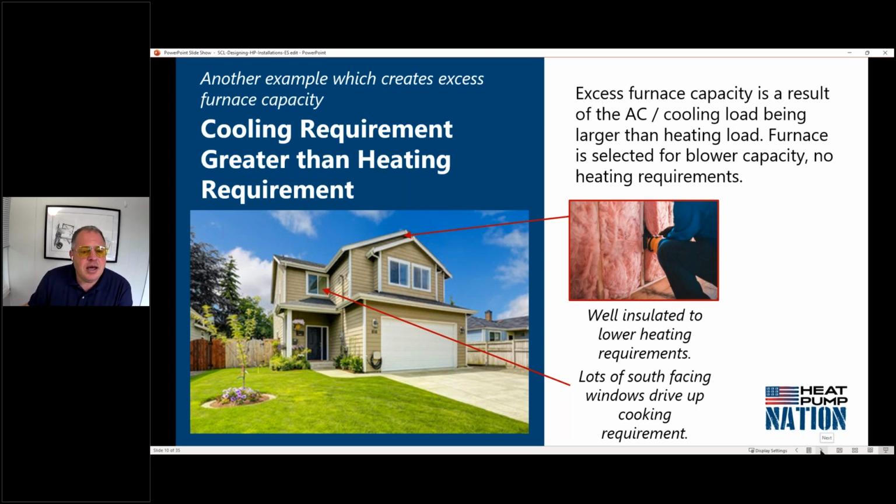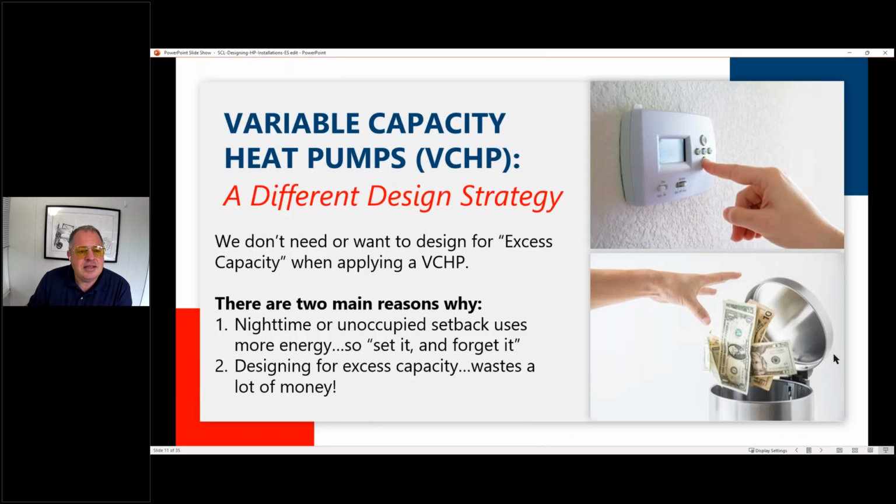And so this leaves many homeowners in this scenario, and I think you get the gist of it. There's just a lot more heating capacity from furnaces in houses than they need. And heating contractors have been pretty conditioned by tradition to have excess heating capacity in structures.